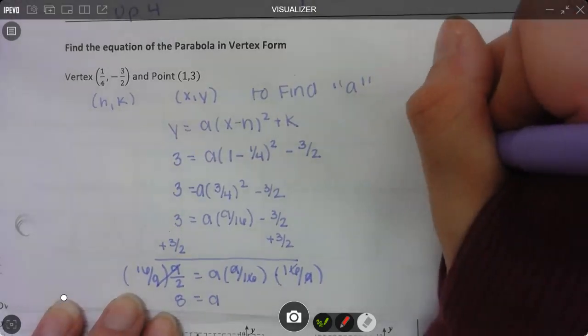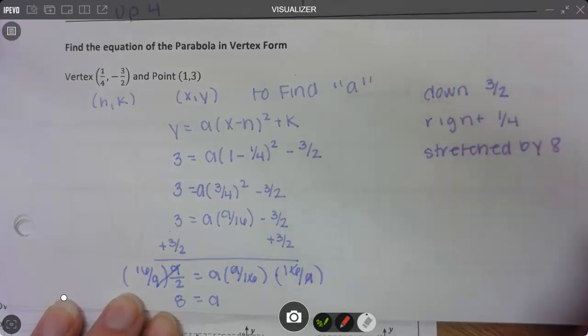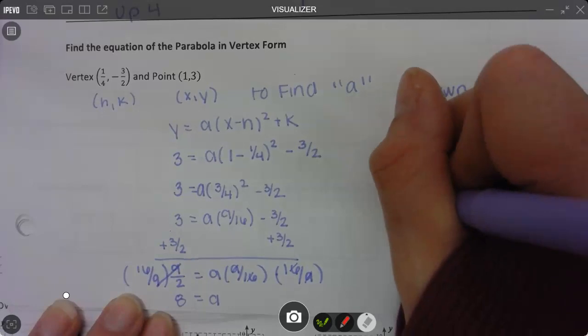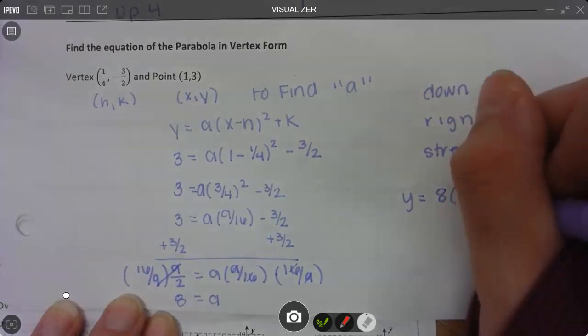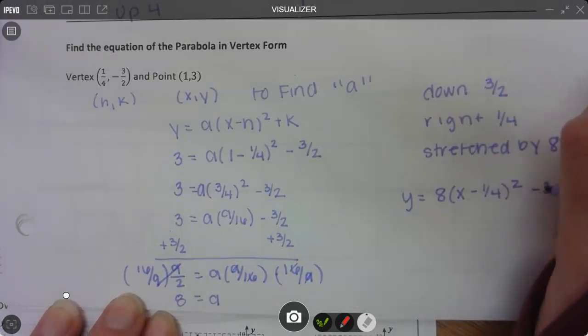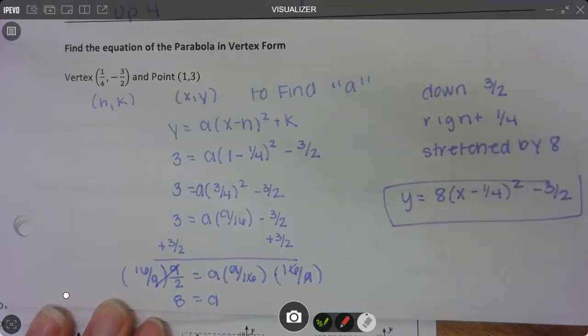So that means that this graph is stretched by 8. It's open up. It has a min, and its equation is y equals 8(x minus 1/4) squared minus 3/2.